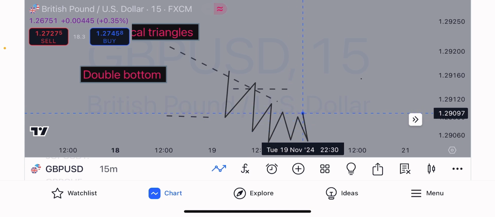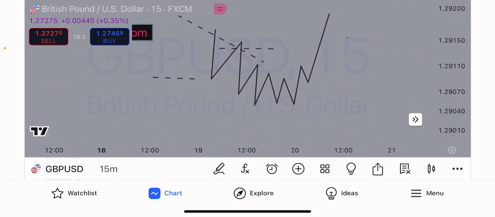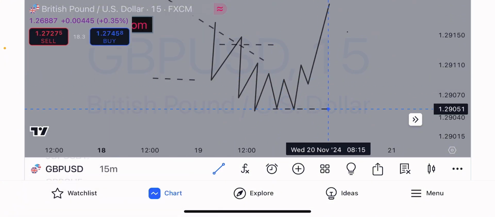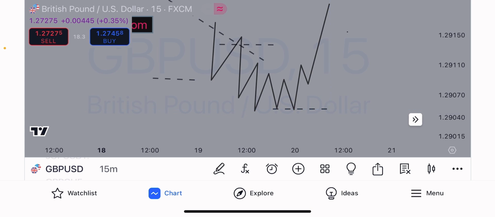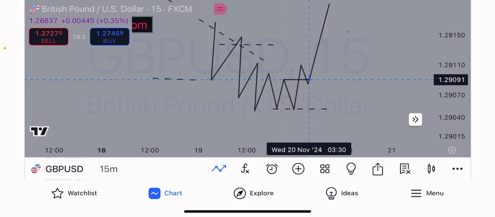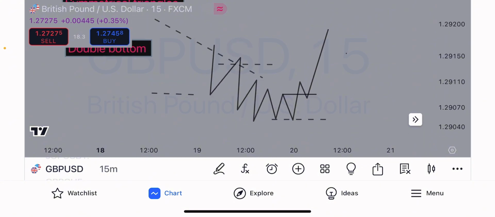The moment it breaks out of this neckline, you wait for a retest. Then from here, you start buying, right? Because why? It has created equal low, a double bottom. You buy immediately it breaks out and retests the neckline. You see, as easy as that, right?